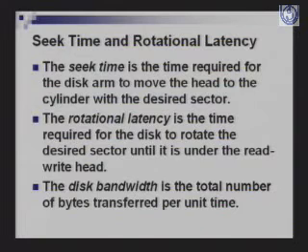Suppose you have disk 1, disk 2, disk 3 on the hard disk, and you are talking of track 0 on the 3 disks; that track 0 forms a kind of cylinder across the disks. So the seek time is the time required for the disk arm, the head, to move to the cylinder of the desired sector.